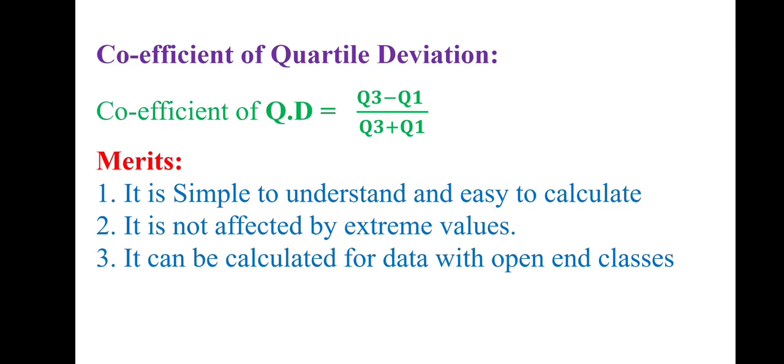We can use it for open-end class intervals also. Even if the upper limit and lower limit are not mentioned, we are able to find quartile deviation because quartile is a positional value.